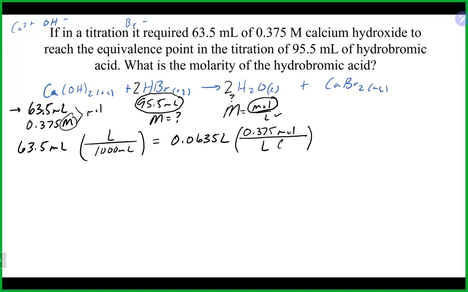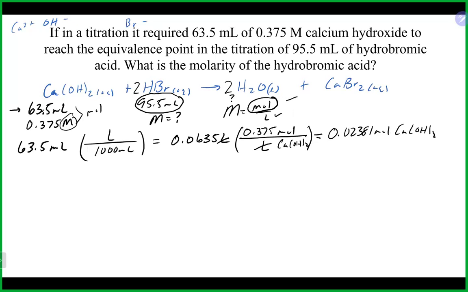Liters do need to go on the bottom here so that they do cancel. So again, we want to get rid of that big M when we're doing the calculation. So that's going to give us our moles of calcium hydroxide, 0.0635 times 0.375 gets us 0.02381 moles of calcium hydroxide.